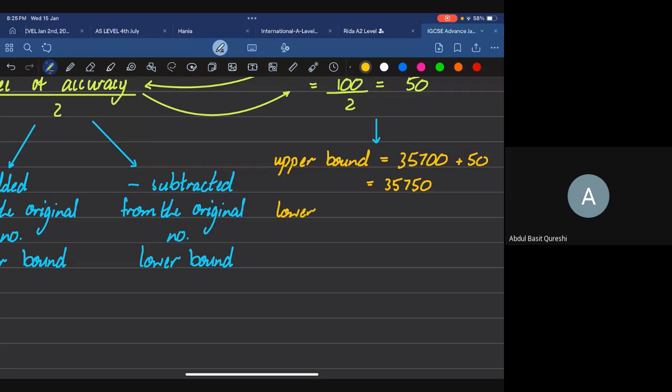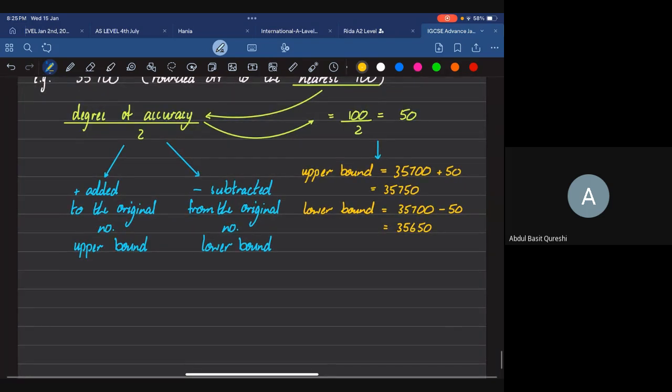Let's look at the lower bound. Now if I'm calculating the lower bound, 35700 minus 50 is equal to 35650. Is this clear?